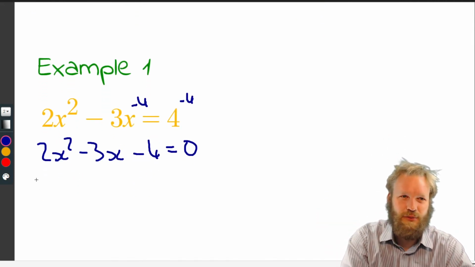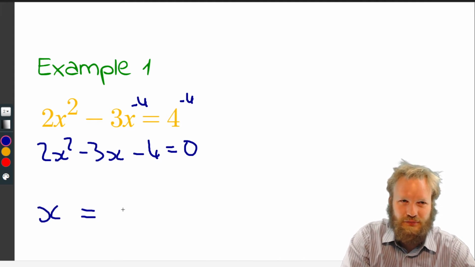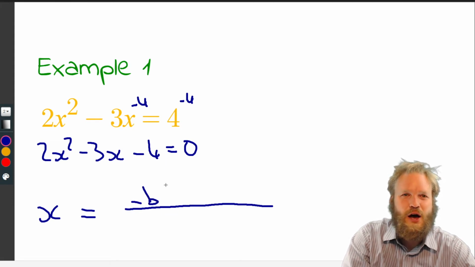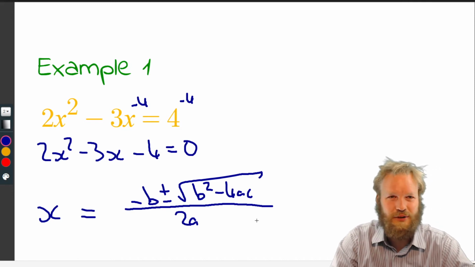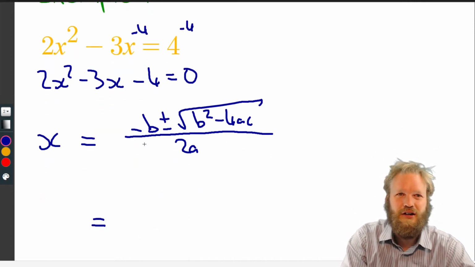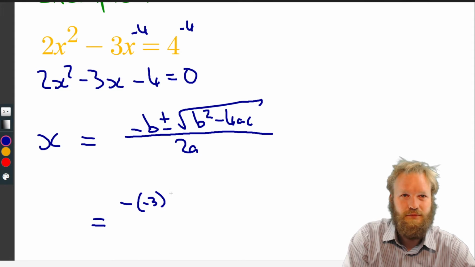Now we use our formula. So for now, I think it's worthwhile writing it as it stands. x equals, it's a fraction, minus b plus or minus the square root of b squared minus 4ac, everything over 2a. Now we're going to substitute our values in. Minus, b is negative 3, so minus 3.